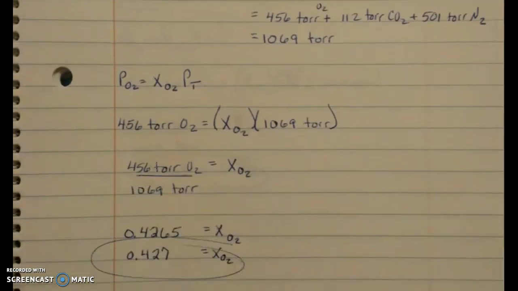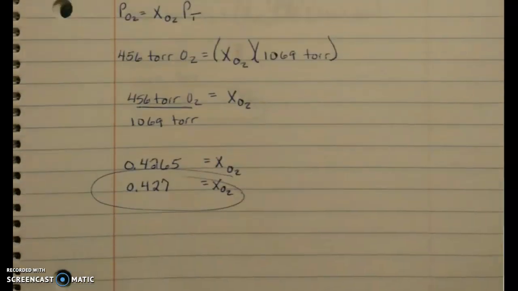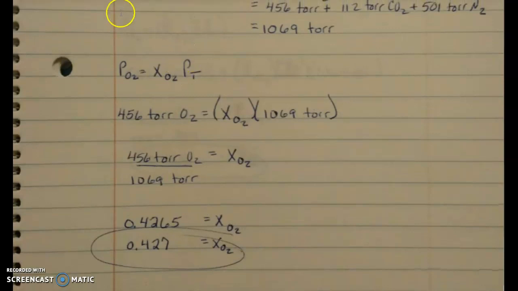And so if we take a look at oxygen, remember the partial pressure for oxygen is 456 torr, so we're going to replace that in the equation here. We're looking for the mole fraction, what part of the total oxygen contributes. And we know that the total pressure, we just solved that, is 1069 torr.